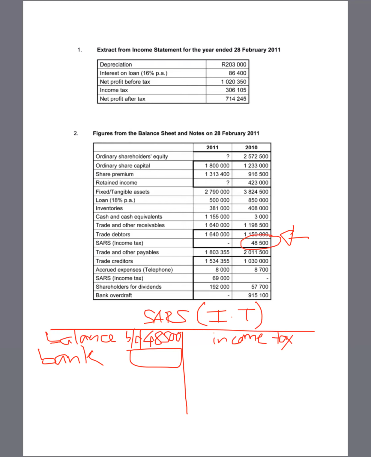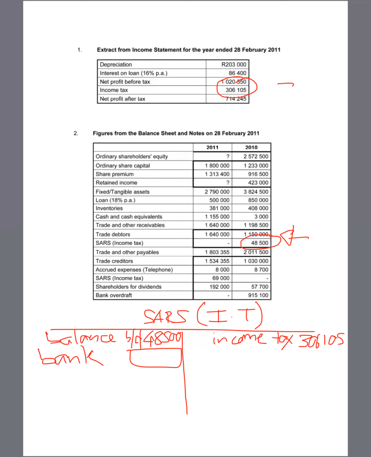Are you still with me? Yes. And then I take my income tax and I credit it. And the amount for income tax I always find in my income statement. So it's this one right there, the 106,105. Do you see it? Yes. And then what did I say about my closing balance?